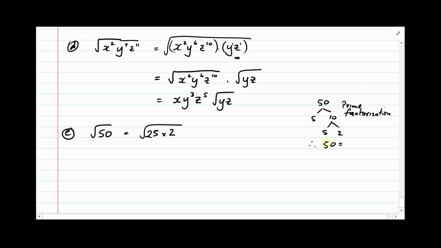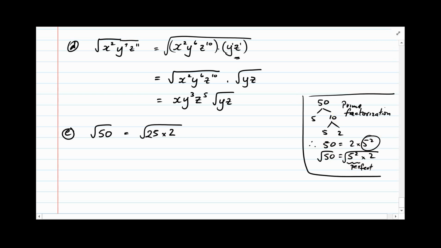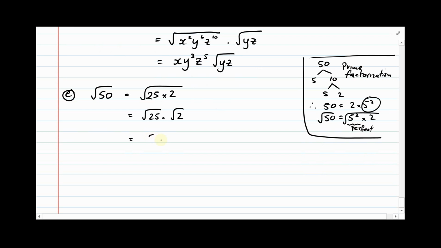So 50 is 2 times 5 squared. Of course, I'm going to want the 5 squared to the front when I'm ready to take the square root, because it's the perfect part. So sometimes if you don't see it right away, then this is an alternative method. Either way we'd end up with the square root of 25, which is 5, and so 5 root 2.